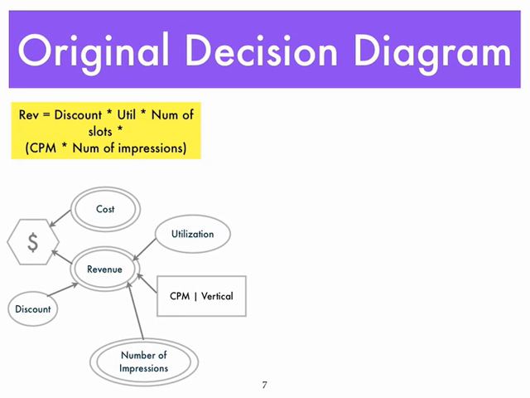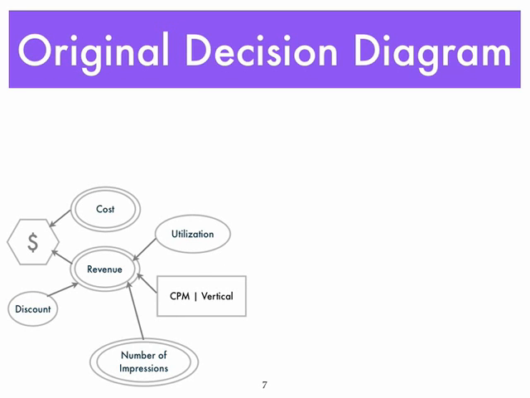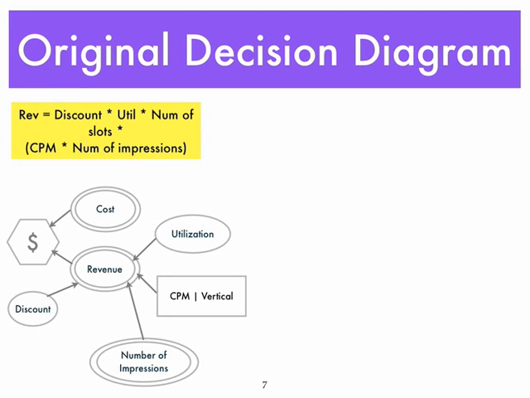It is the percentage of advertising slots that they are able to sell out of the total number of slots they have. The number of impressions is the number of people they get to look at their screen. The discount is a negotiation discount factor that they may or may not provide advertisers, so it is uncertain depending on who the advertiser is.